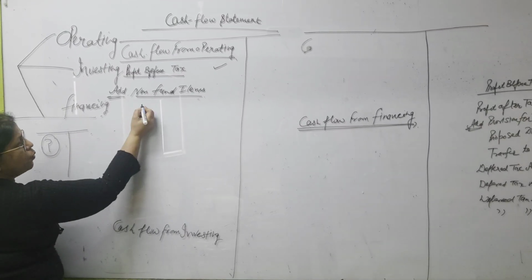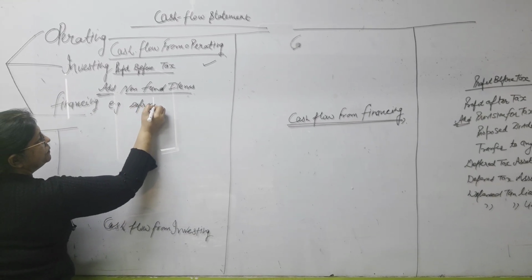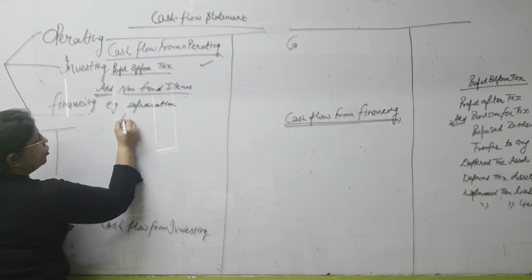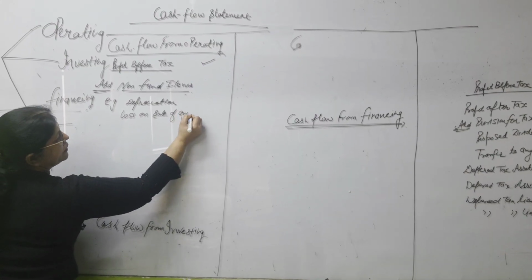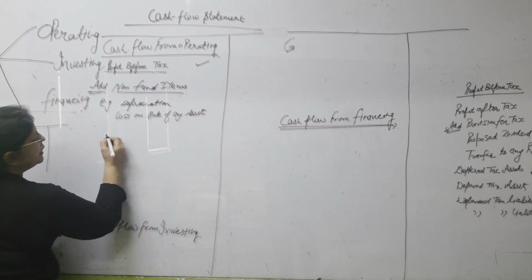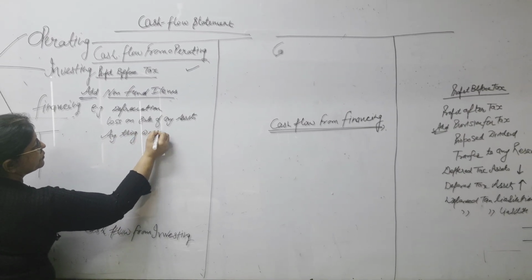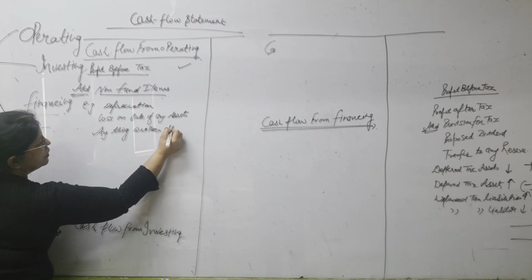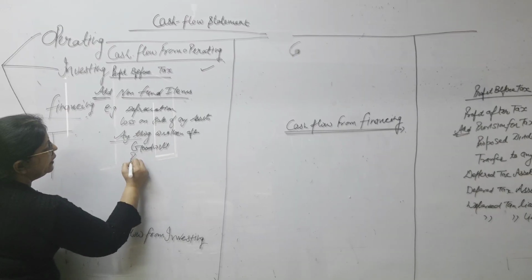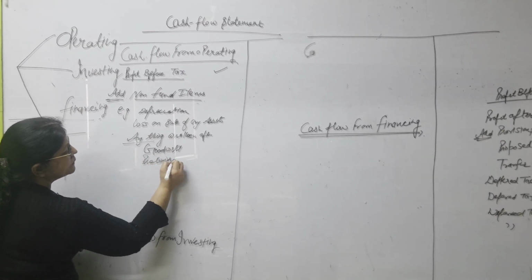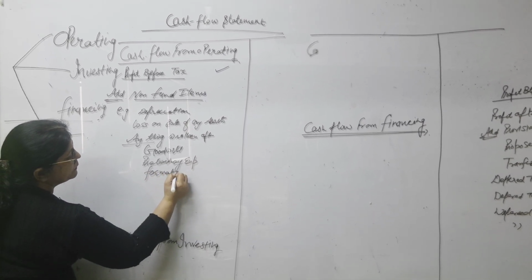These all are treated as non-fund items, like depreciation, loss on sale of any asset, anything written off, like goodwill, preliminary expenses, formation expenses.